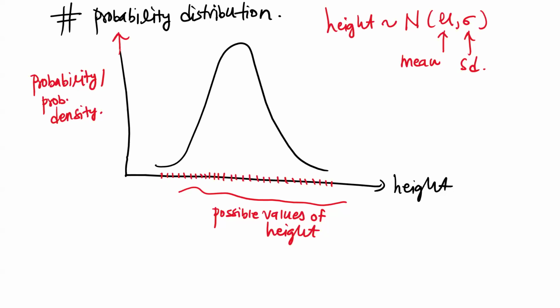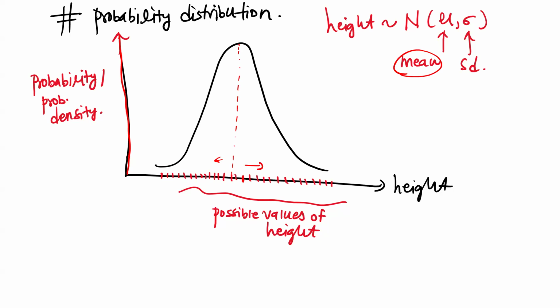So these heights, you can think of as the probability. Which value has the highest probability? This one, and this is the mean. As you go away from the center, your probability is decreasing.